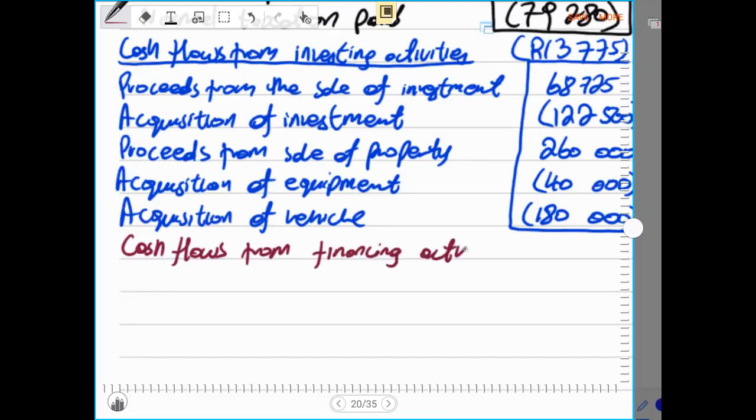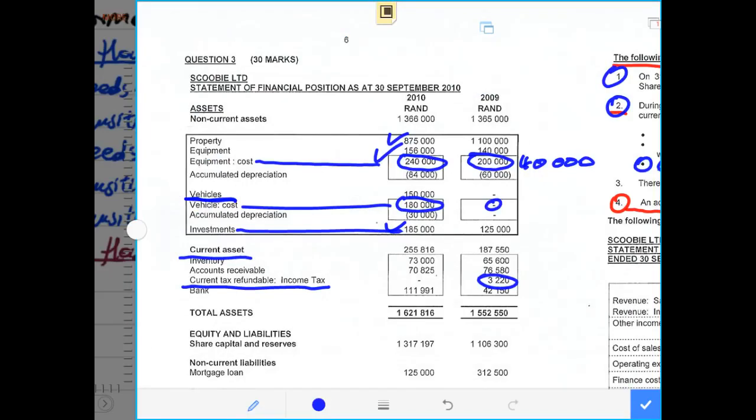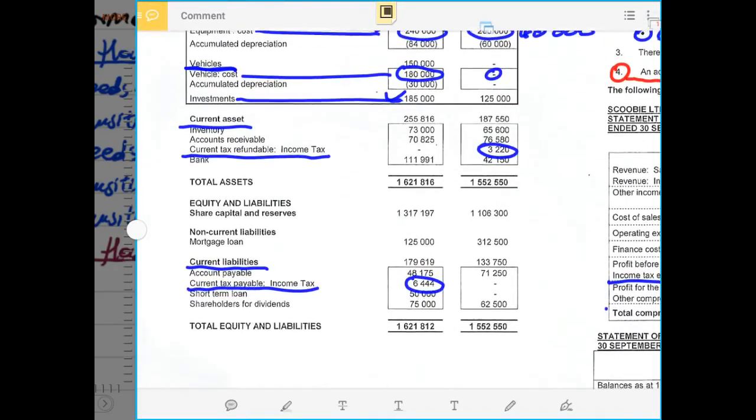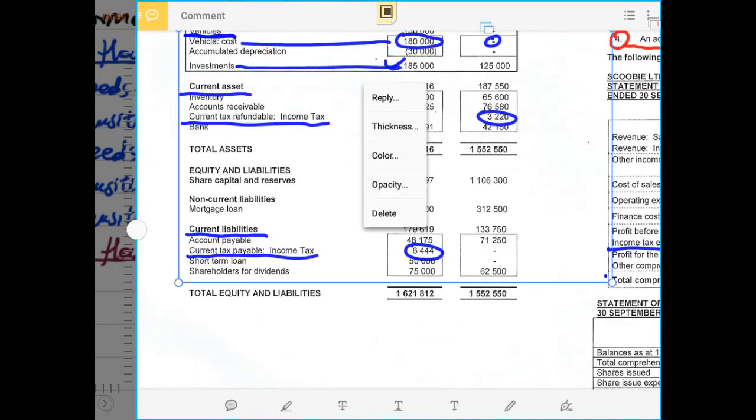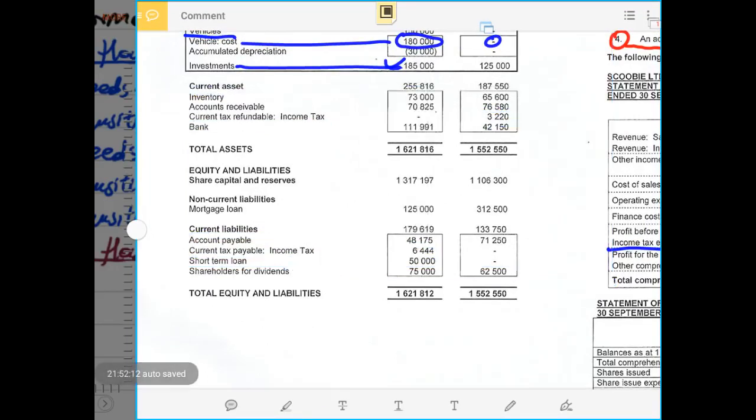Under financing activities of the cash flow, we are looking at the financing, which is normally the non-current liabilities, the current liabilities, and the equity section, which is equity and liabilities in fact.